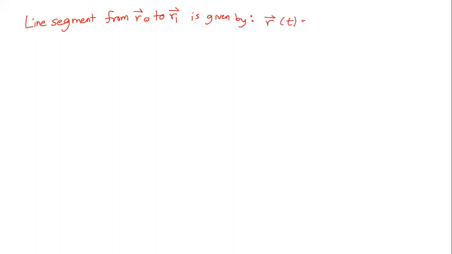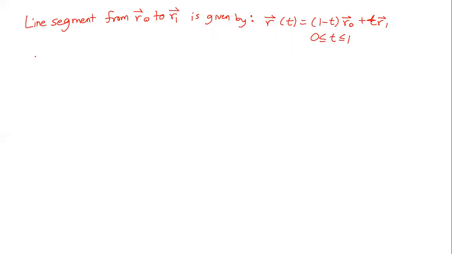And then we can also say that the line segment from R0 to R1 is given by R of t equals (1 minus t) R0 plus t R1, where 0 is less than or equal to t is less than or equal to 1.